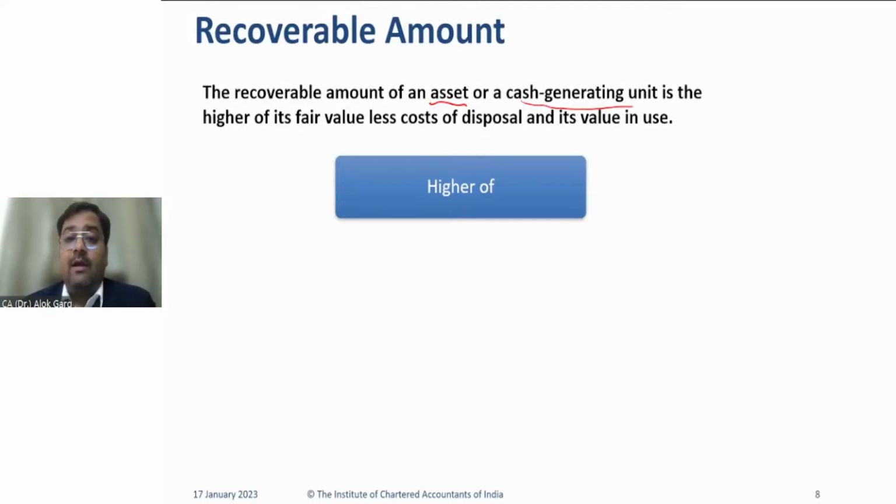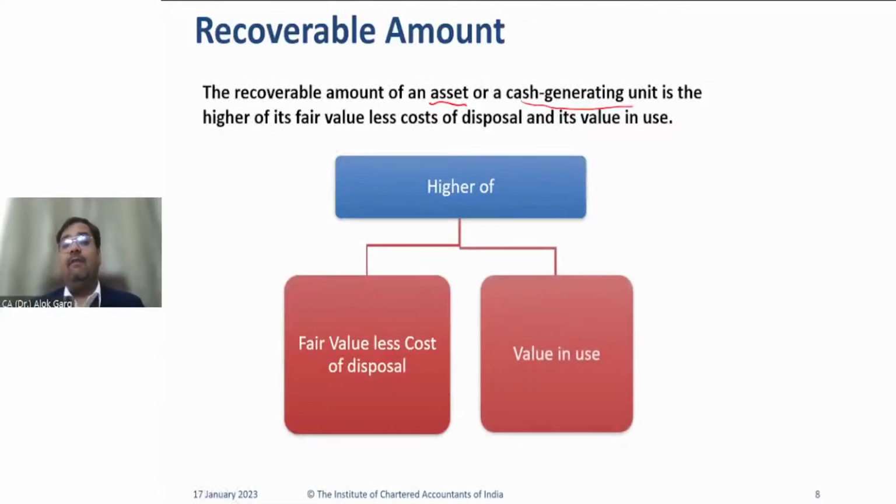So recoverable amount is higher of what? Higher of fair value less cost to sell and value in use. What is meant by fair value less cost to sell? Friends, fair value less cost to sell is your market value largely.